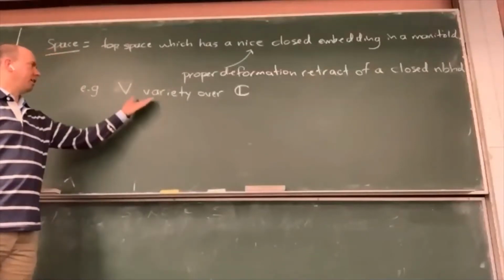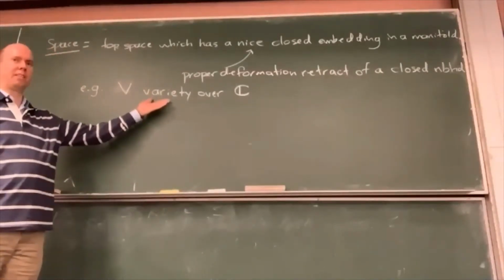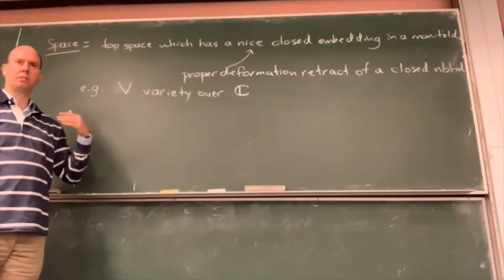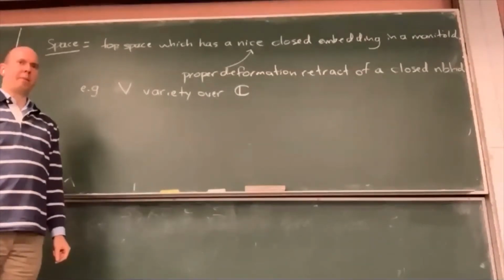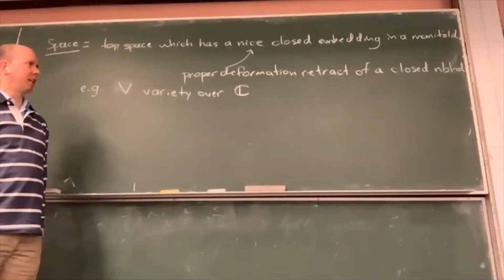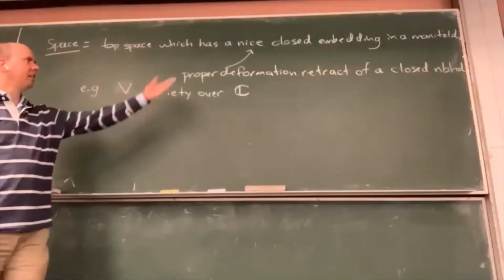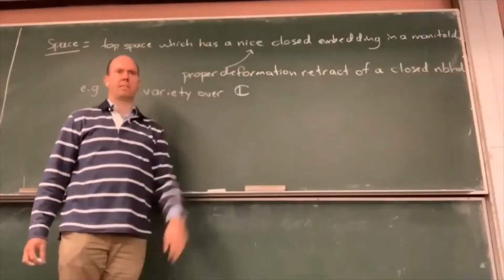So if V is quasi-projective anyway, this is fairly clear because by definition, V is a locally closed subset of a projective space, and complex projective space is a manifold. So you can use that embedding as the embedding you're talking about, and then it's a fact that this is always a nice embedding in this sense.